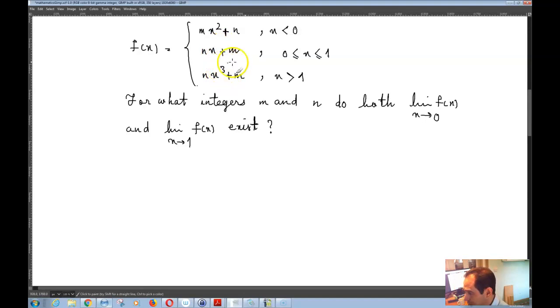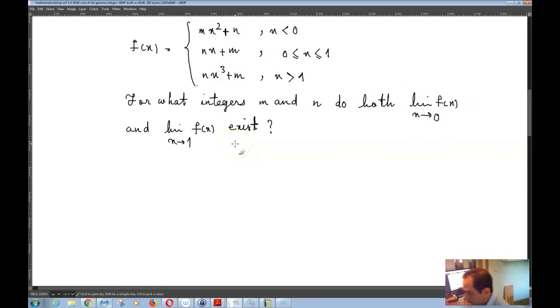If they have a point of intersection at x is equal to 1, then that means that the limit of f of x exists at x is equal to 1. If these two polynomials have a point of intersection at x is equal to 0, then that means that the limit of f of x exists when x tends to 0.